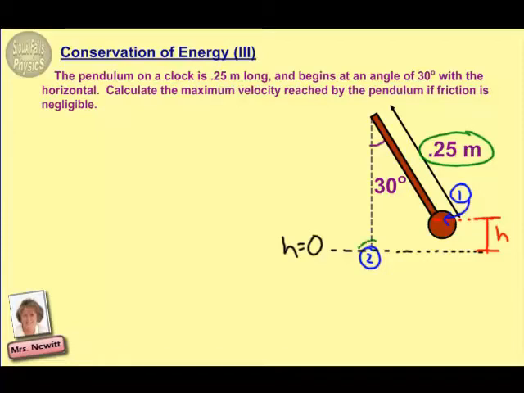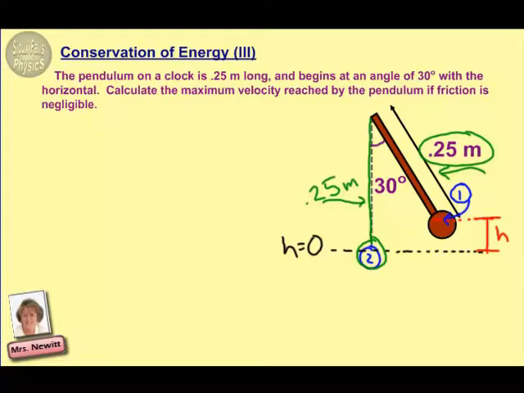Well, when that pendulum reaches its lowest point, it's still going to have a length of 0.25 meters. So on our diagram, we have the length drawn out here at an angle as 0.25, and a vertical line over here also as 0.25.